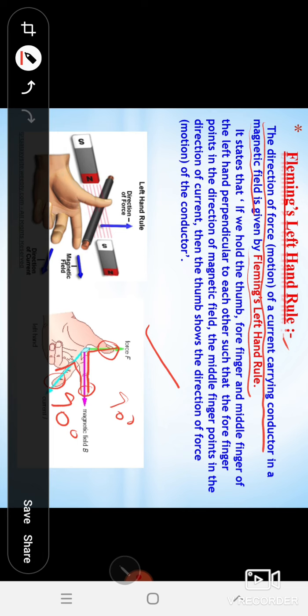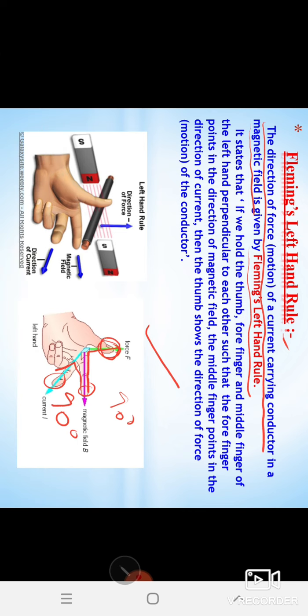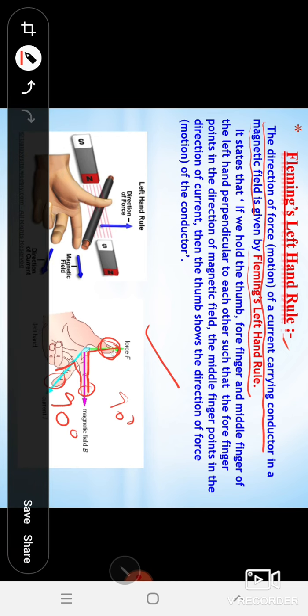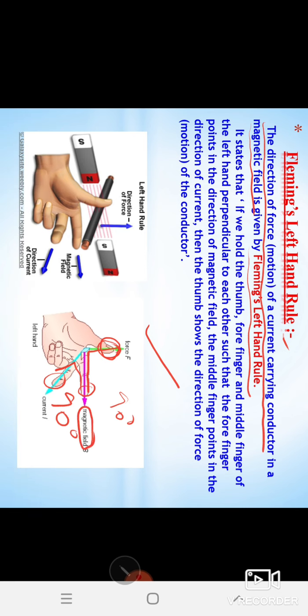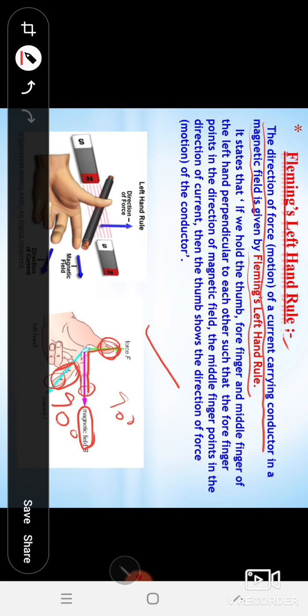The thumb always shows the direction of the force, the forefinger always shows the direction of the magnetic field, and the middle finger always shows the direction of the current. This is a very important rule, try to keep it in mind.